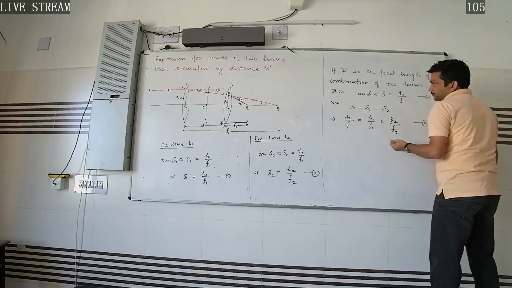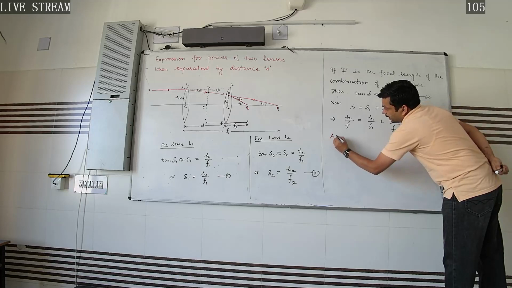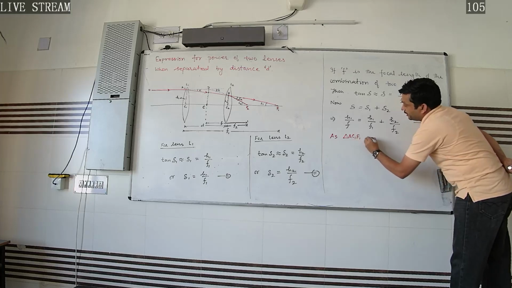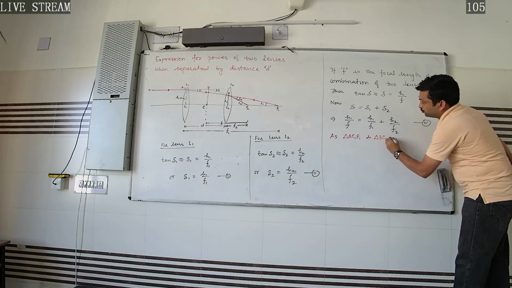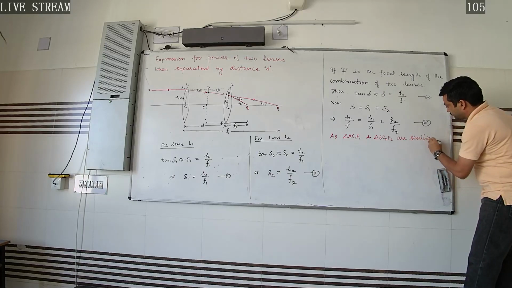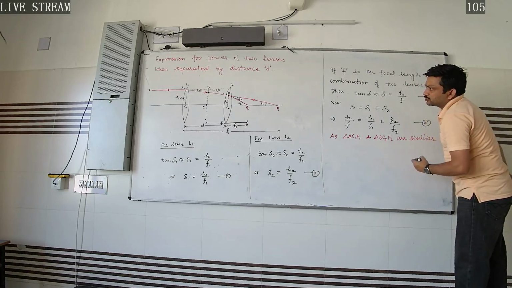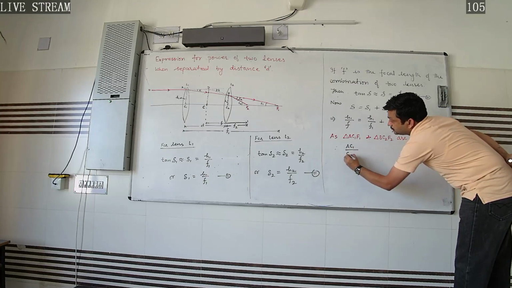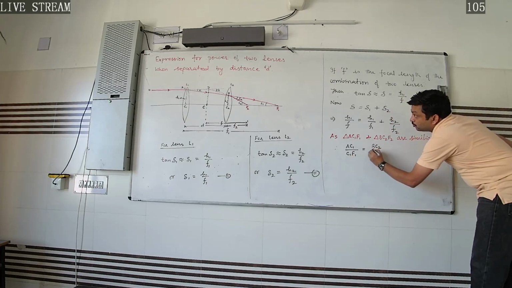Again we will make use of the similar triangles property. Therefore AC1 over C1F1 must be equal to BC2 over C2F2.